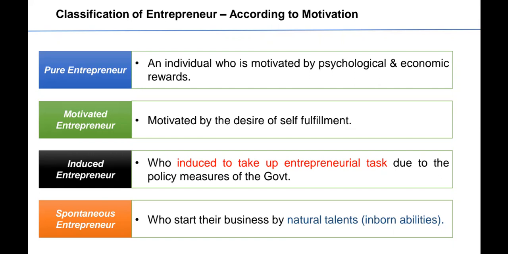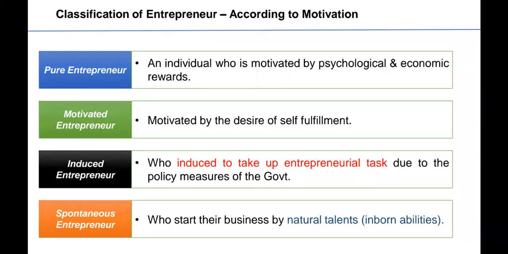By looking at those people, the person gets induced and likes to take up entrepreneurship as a task, so he becomes an entrepreneur. And even due to government policy measures, if there is some liberalization in the policy, or when globalization methods have changed, some people are induced to become entrepreneurs.